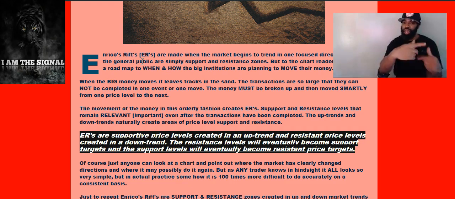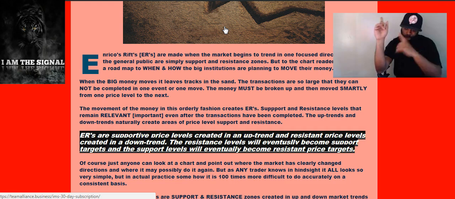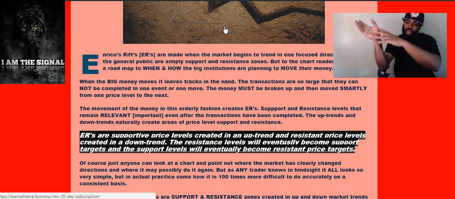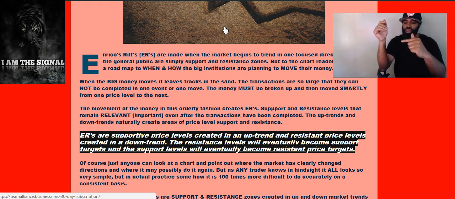So everything, just like you learned probably, from other information about support and resistance and how it flips over, support becomes resistance, resistance becomes support, right? The same thing. In that uptrend, when the market is going up and is creating support levels, those support levels will be resistance price targets later on.